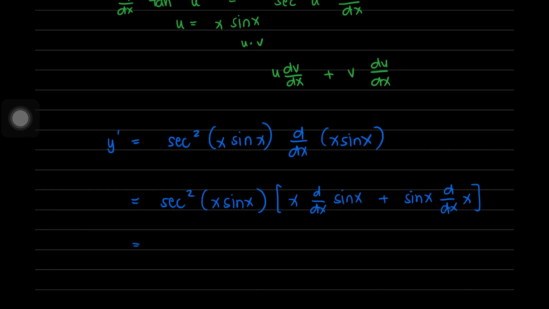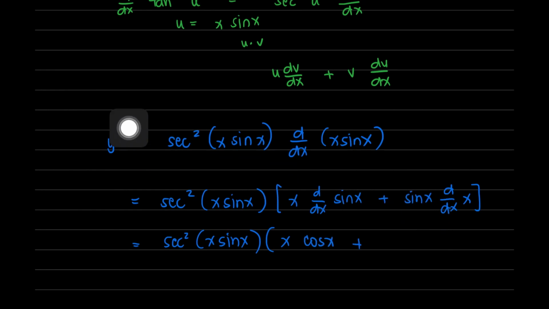So this is now equal to secant squared of x sine of x multiplied by x. The derivative of sine of x is cosine of x plus sine of x multiplied by the derivative of x with respect to x, so that's equal to 1.